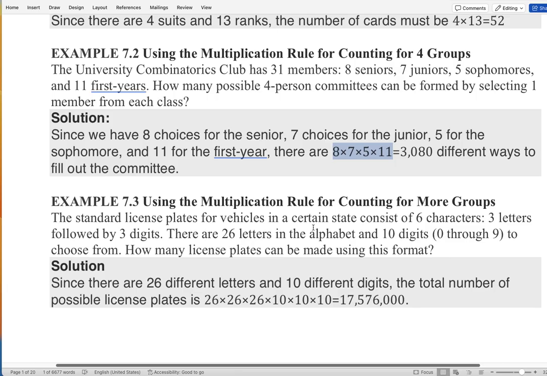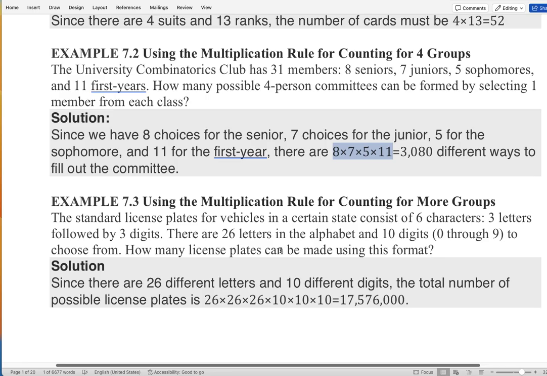In Ohio, I believe it's three letters and four digits. But anyway, let's just follow the textbook, considering three letters and three digits. You can use the same letter again and again, and the same for the digits. So there's no restriction on how many times you can use a single digit or a single letter.